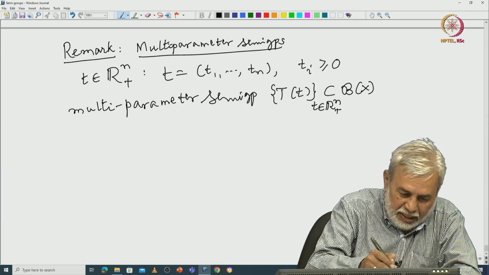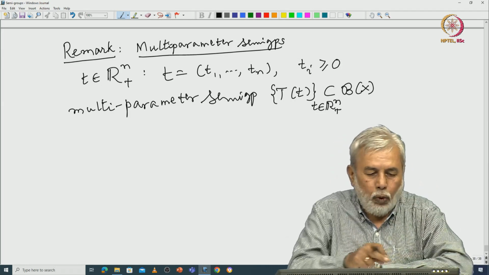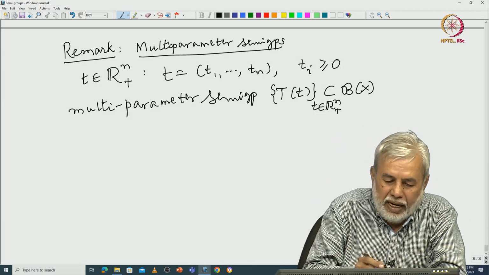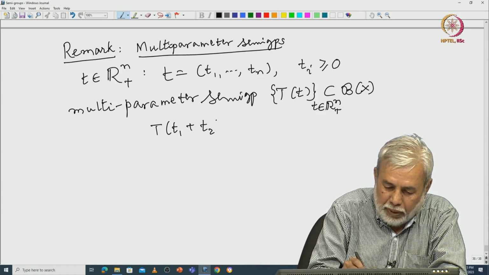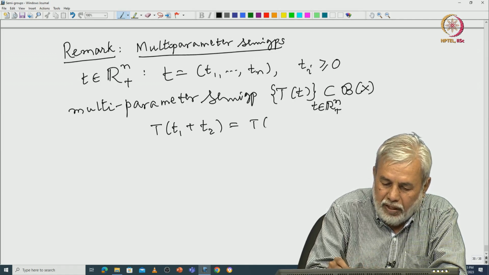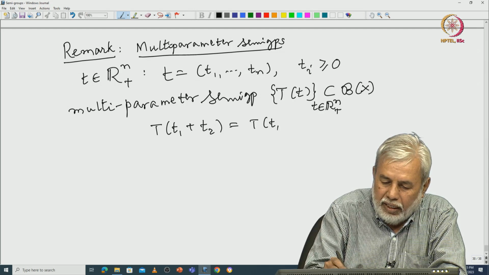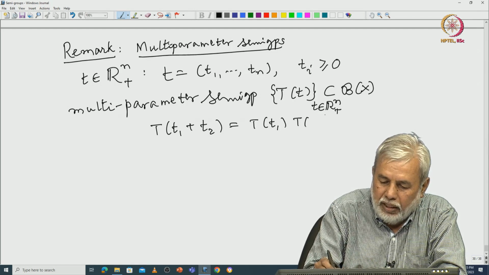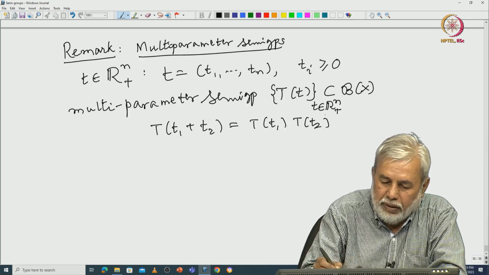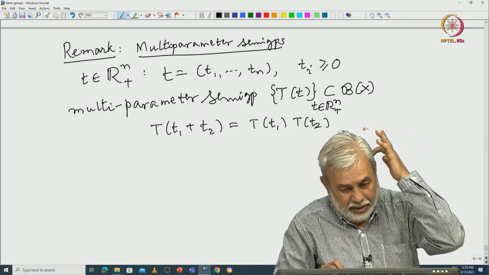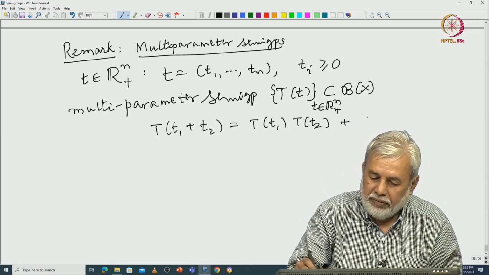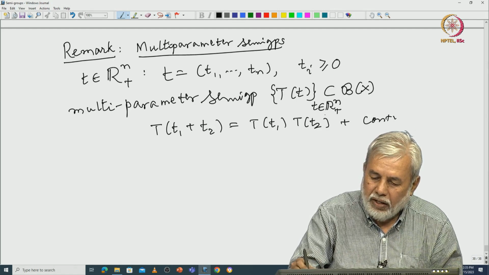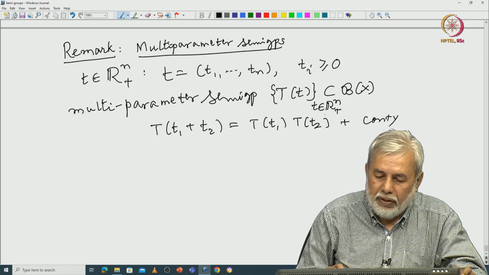Since R^n_+ is closed under addition, we can just take T(t1 + t2), where these are n-tuples. This is fine, because R^n_+ is additive, and same with identity and continuity. Okay, same definition.